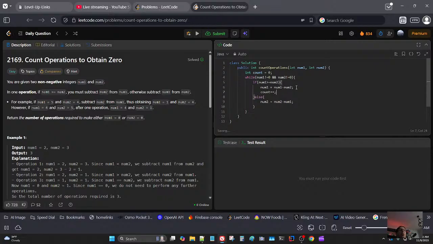I just want to take this whole thing, put it down here as well. Count plus plus. Okay. So let's see, right here's this bracket, it lines up to there. So after that, you'd want to put your return, and you return count.